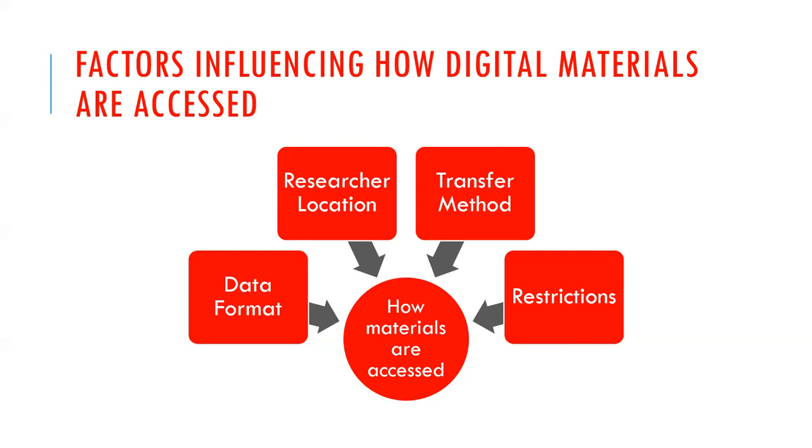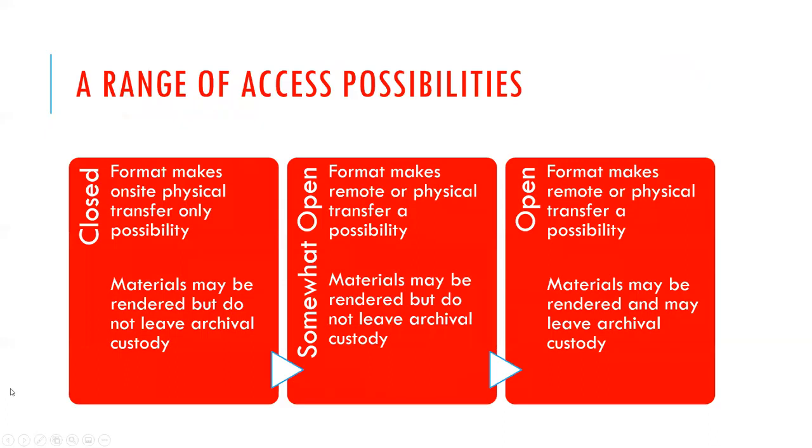So a lot of these factors contribute to a real range of access possibilities, ranging from records that are very closed and have very limited access possibilities to records that are very open and have a lot of access possibilities or a lot of accessibility.